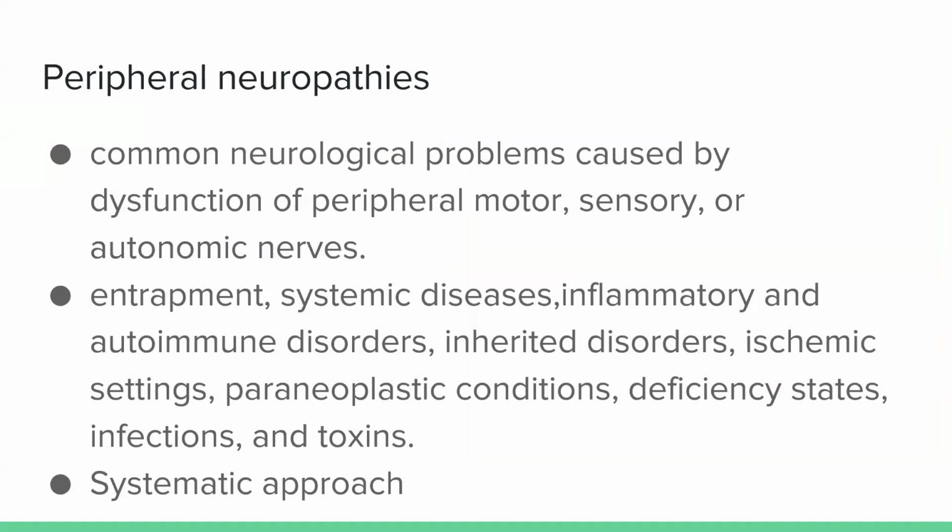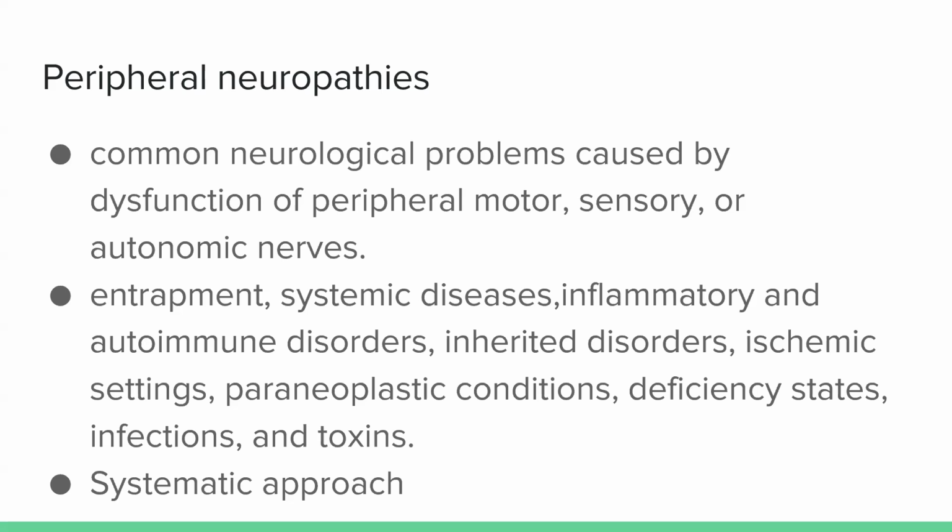So peripheral neuropathies are common neurologic problems. They are caused by dysfunction of the peripheral nerve. Either you find dysfunction of the motor, the sensory, or the autonomic functions. There are a myriad of causes of peripheral neuropathy, commonly entrapment, systemic diseases, inflammatory, autoimmune, paraneoplastic, ischemic conditions, deficiency states, toxins, infections, so lots of causes.